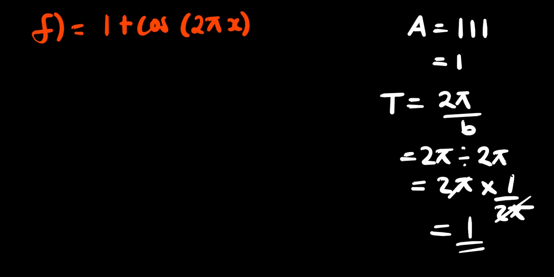Then what is our vertical shift? You're able to see that the graph has been shifted by 1 unit. So in that case we're going to have a 1.